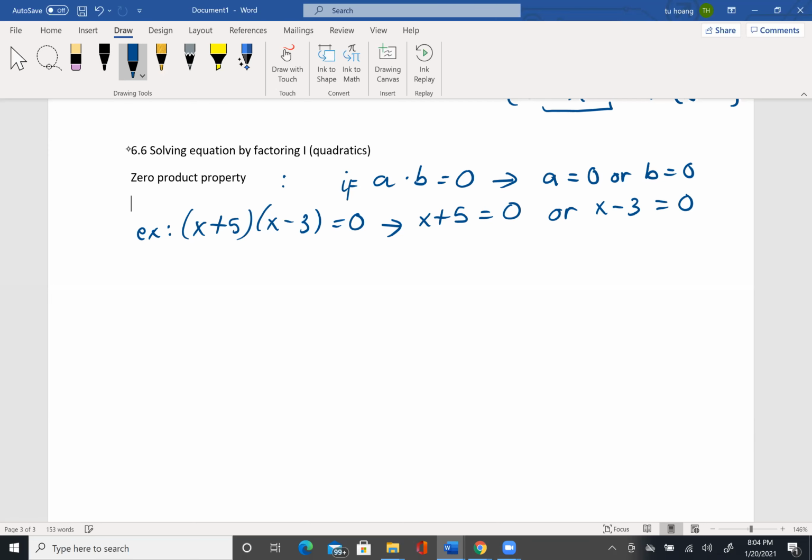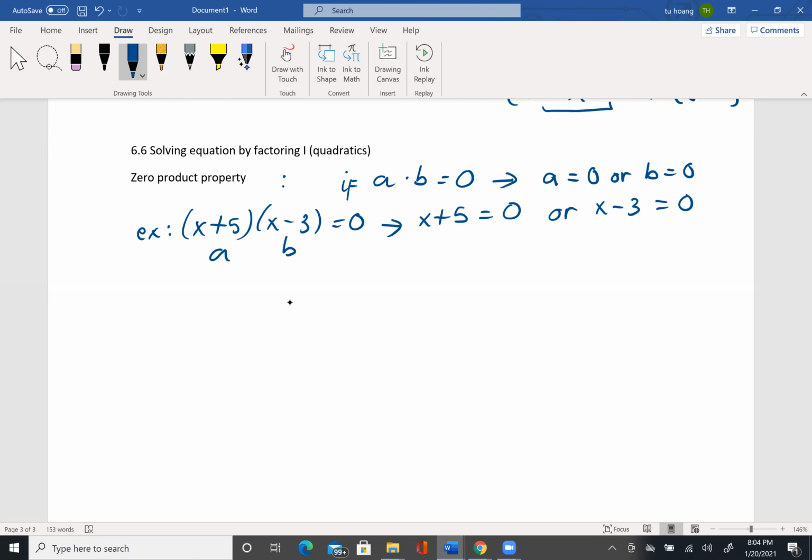See that? This is A, this is B. Each factor will be equal to 0. Okay? I mean, either this guy has to be equal to 0 or this guy has to be equal to 0. Then we can have a solution to that.